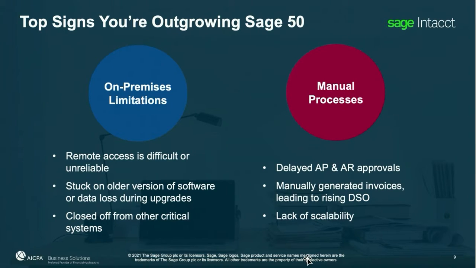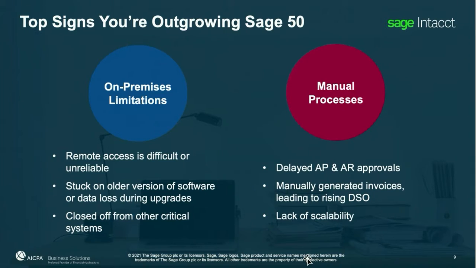And of course, if someone wasn't in the office that needed to sign off, that delayed their process. Another had their DSO ballooned to more than 50 days because they were manually generating so many invoices. Maybe some of this sounds familiar to you, but I think it's clear that manual processes really can negatively impact your ability to efficiently grow your business.